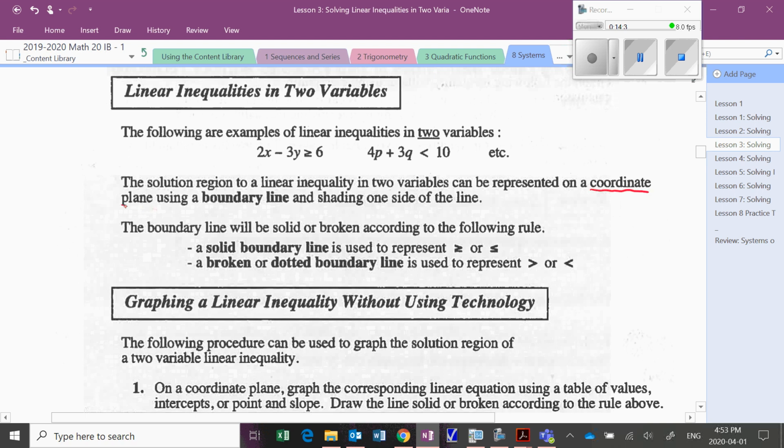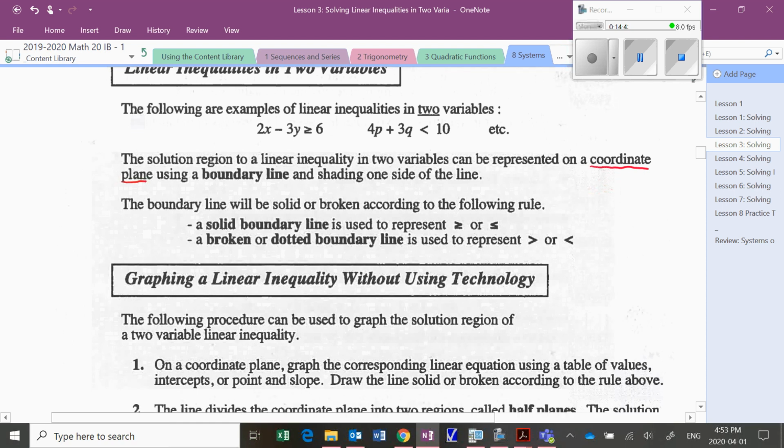So that means that we're looking at all 4 quadrants within our Cartesian plane, and we're going to use a boundary line and shade one side of the line.